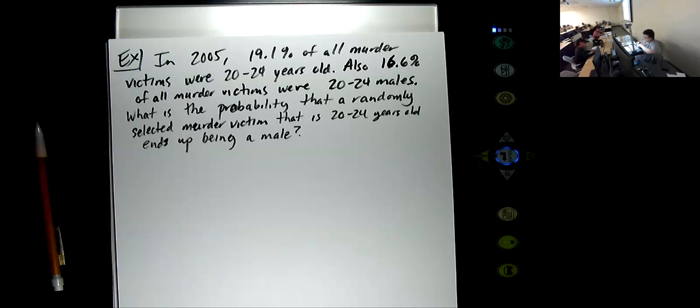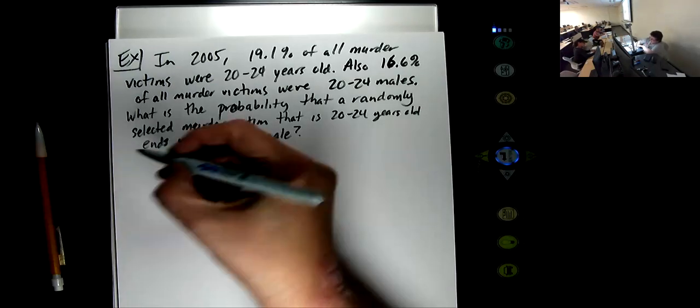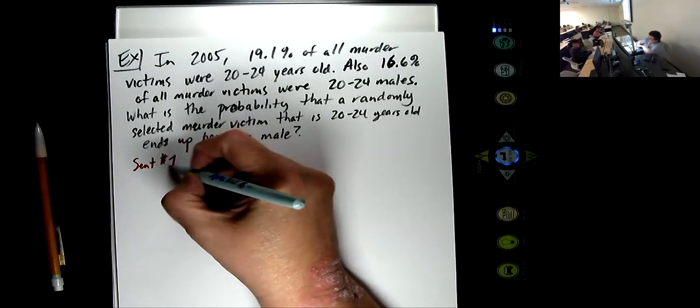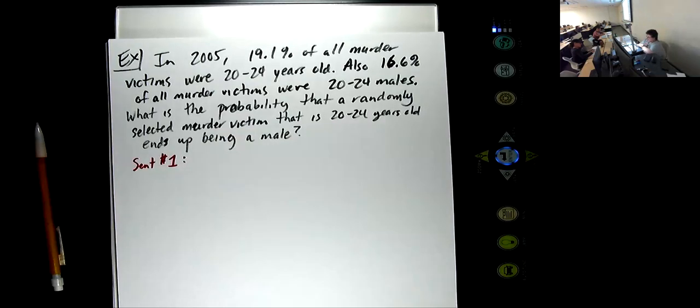Okay, so let's tear these sentences apart one by one. Sentence number one. 19.1% of all murder victims were 20 to 24 years old.